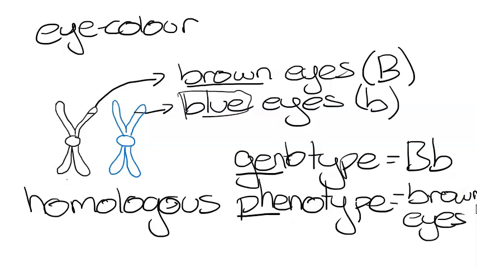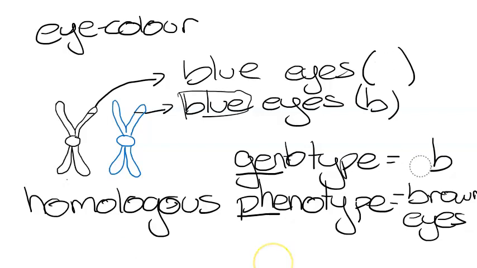Running out of room. And that is the definitions of genotype and phenotype. So to give it a little bit more relevance, if we had another individual that instead of having a brown-eyed allele there and a blue-eyed allele there, had two blue-eyed alleles, so let's change that. So we've got two blue-eyed alleles. We'll have to get rid of this as well, make that a lowercase b.